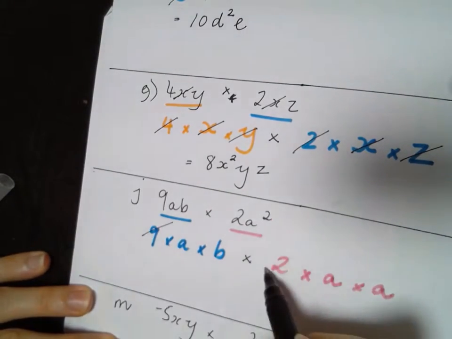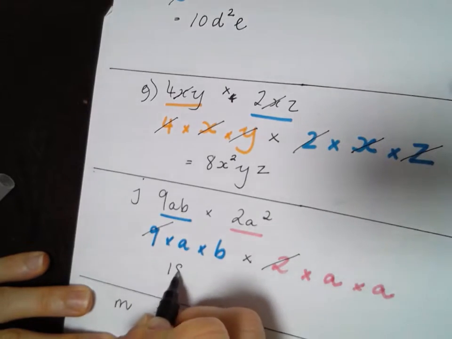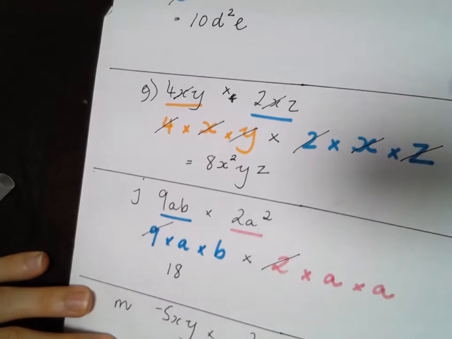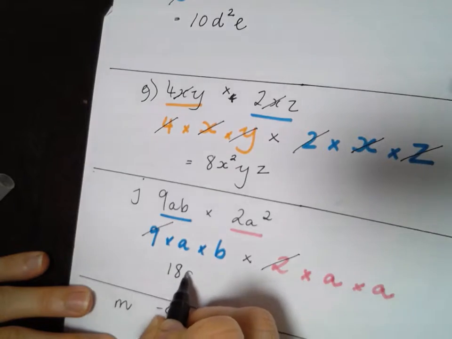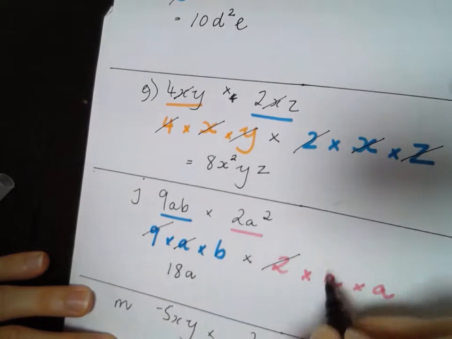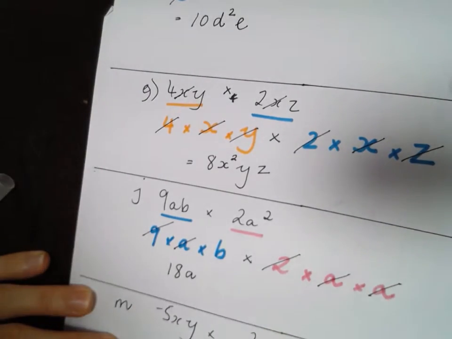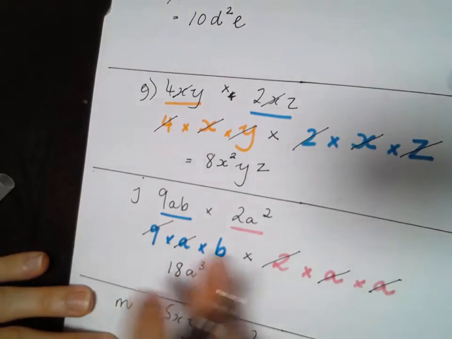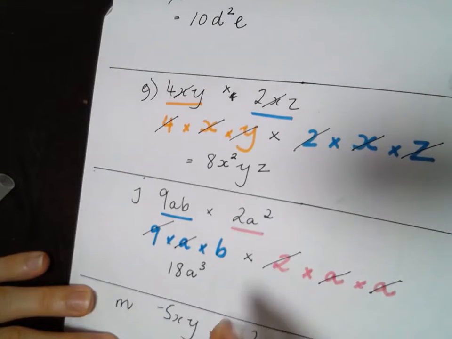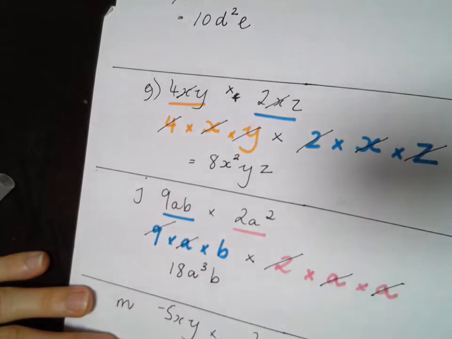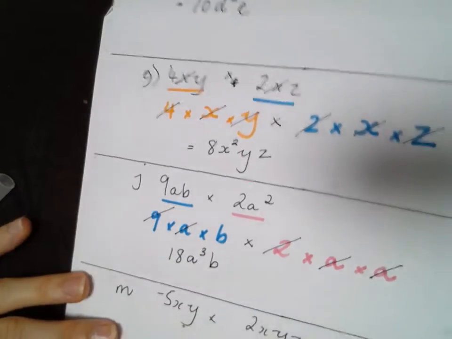We multiply through our constants. 2 times 9 is 18. This time we have got 3 A's. 1, 2, 3. So our A is cubed in our answer because there's 3 altogether. 1 blue and 2 pinks. And then our B just sits nicely on the end.